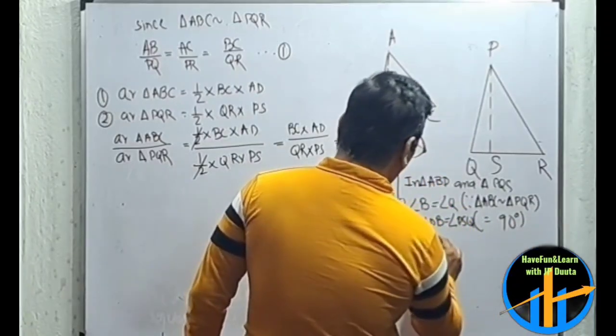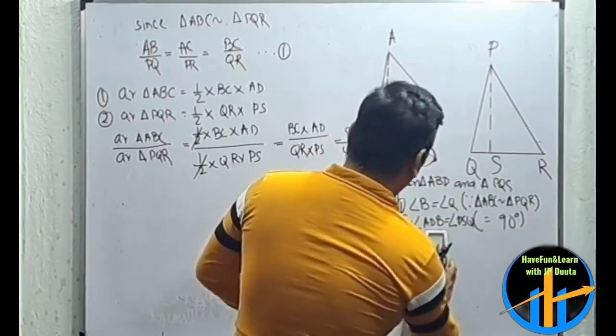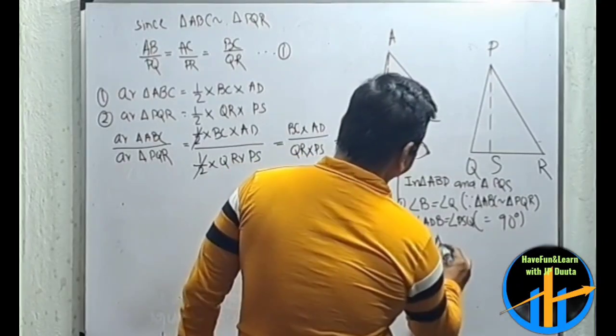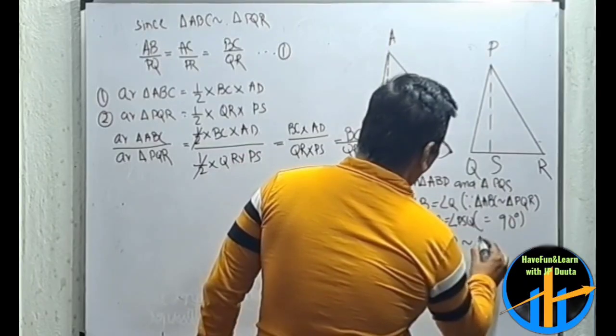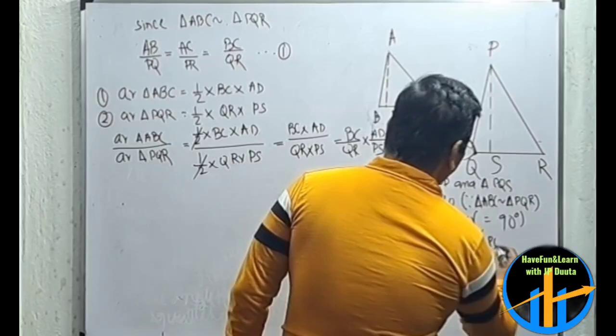Therefore, triangle ABD is similar to triangle PQS.